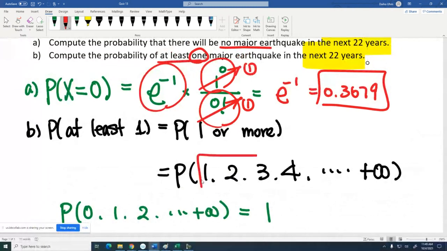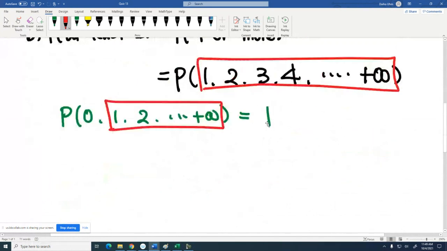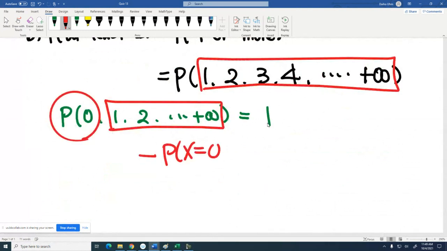But now here, we need the probability from 1 to infinity. Any idea? Yes. Say again loudly. We subtract the probability x is equal to 0. We take the sum of all possible probabilities except x equals 0.